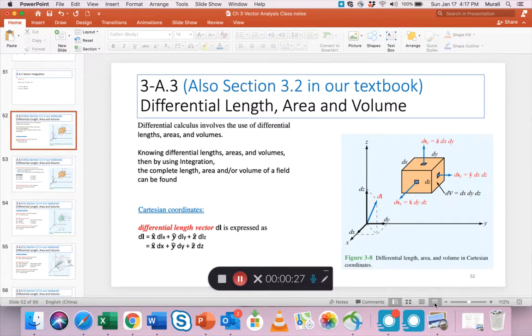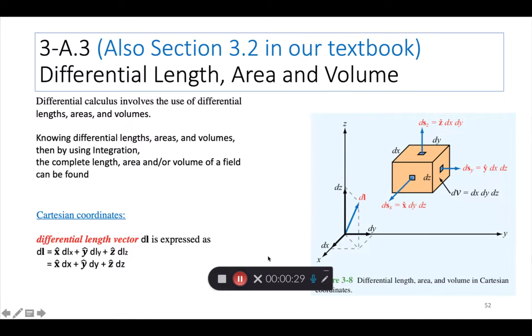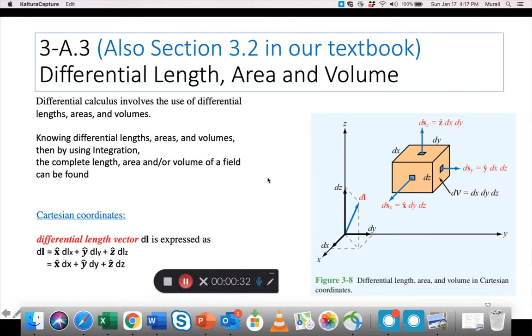I'm sure you remember all the stuff that we did in the three systems, Cartesian or rectangular, cylindrical and spherical.